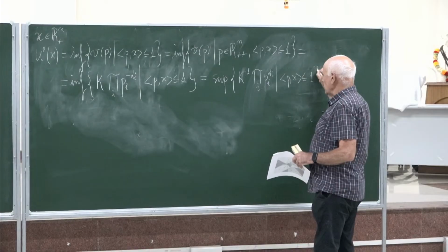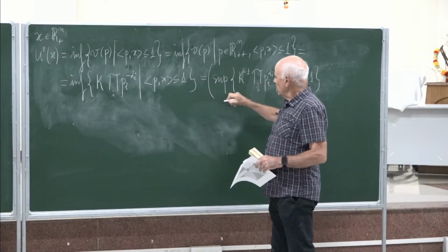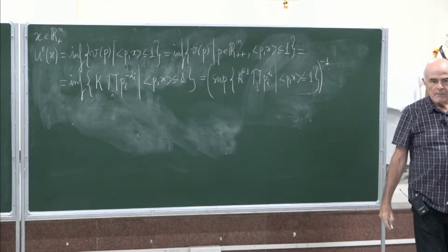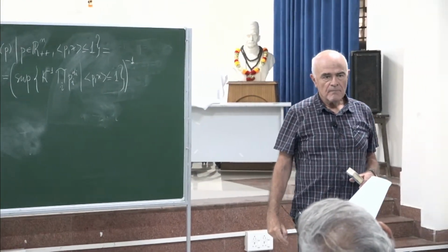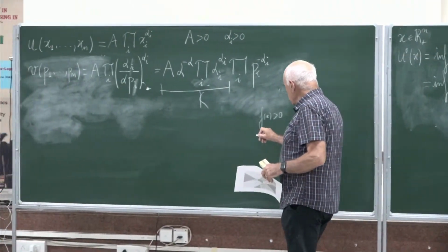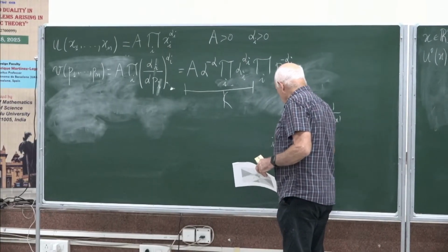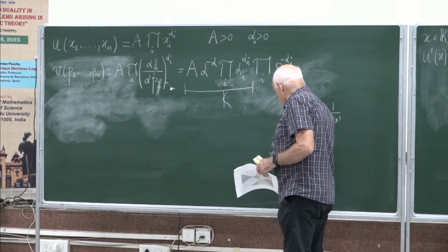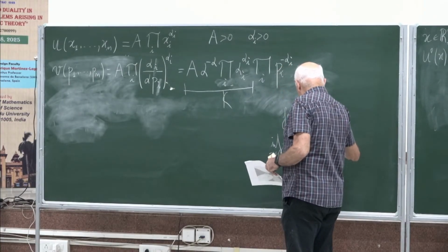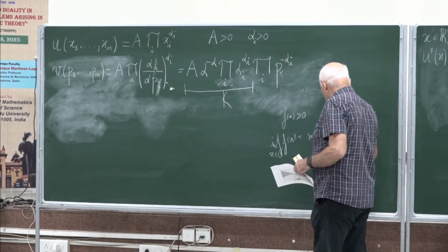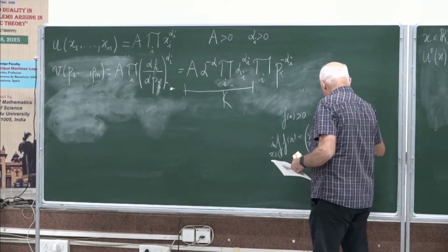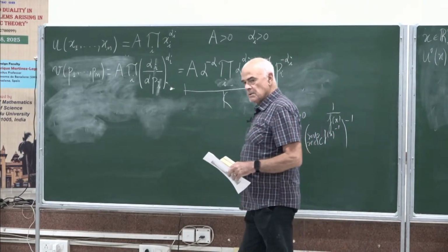And after I obtain this supremum, I have to take the reciprocal again. Okay? So I'm using the fact that under this condition, the infimum of f of x over some set C is the supremum of f of x to the minus 1 over the same set, and then to the minus 1. This is what I am using.